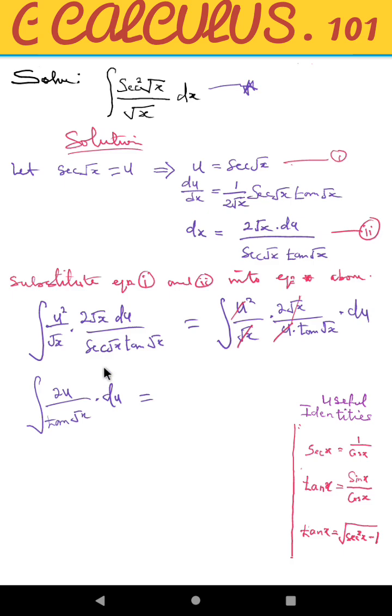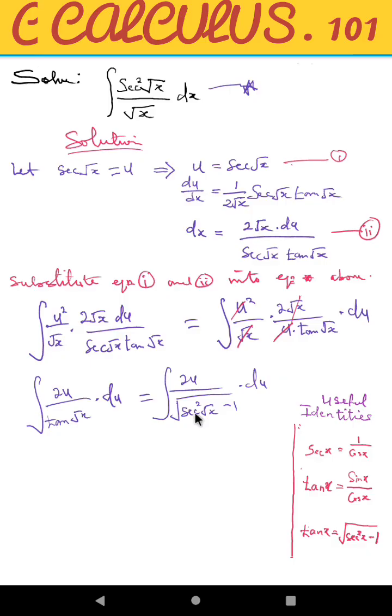Now we are going to use this identity I wrote here. This is a very useful identity: tan x is equal to the square root of sec squared x minus 1. So similarly, tan root x is going to be equal to the square root of sec squared root x minus 1, du.